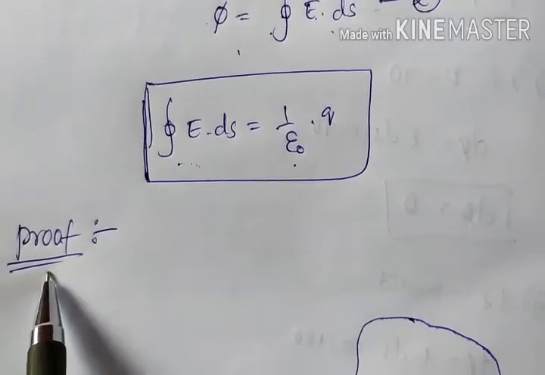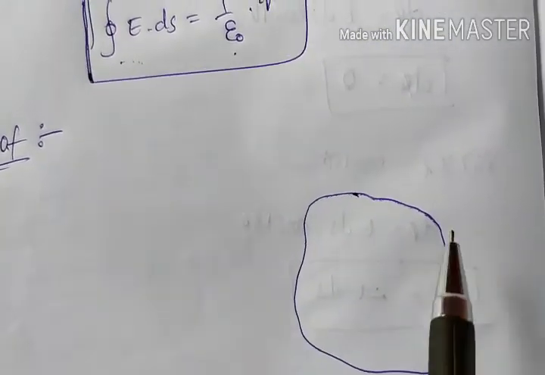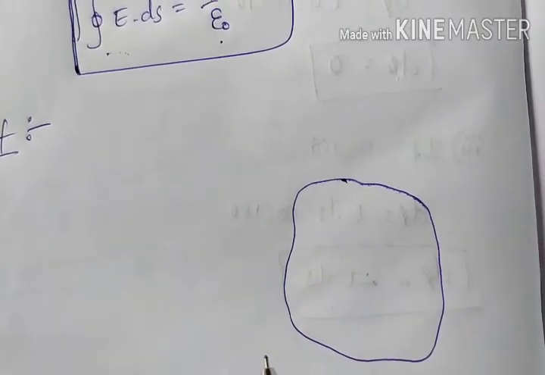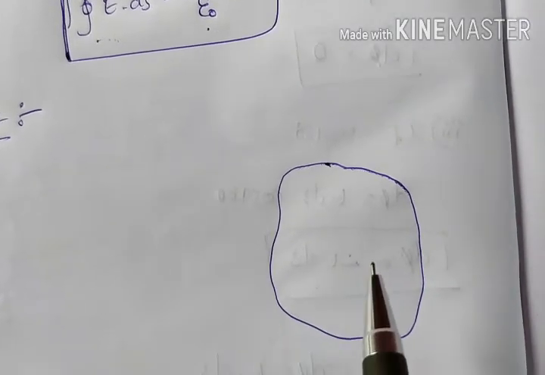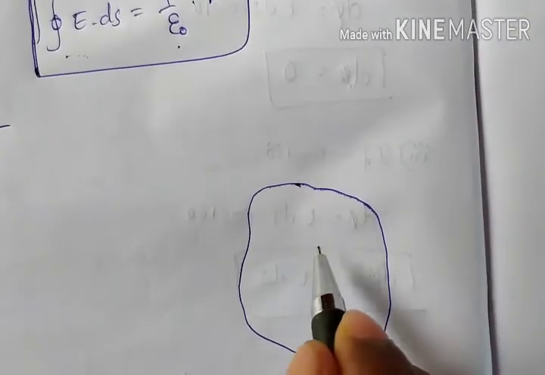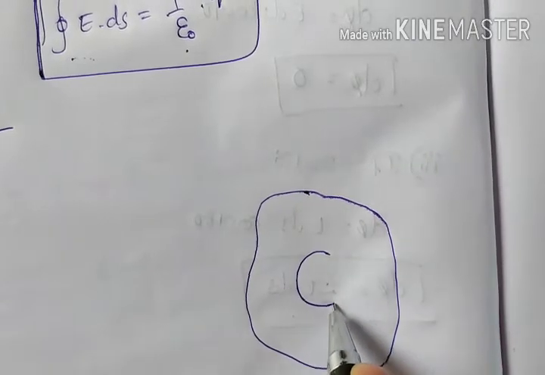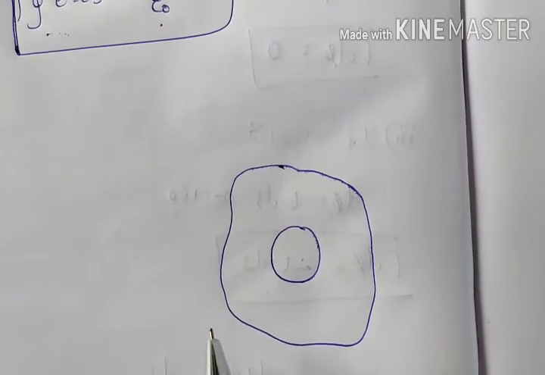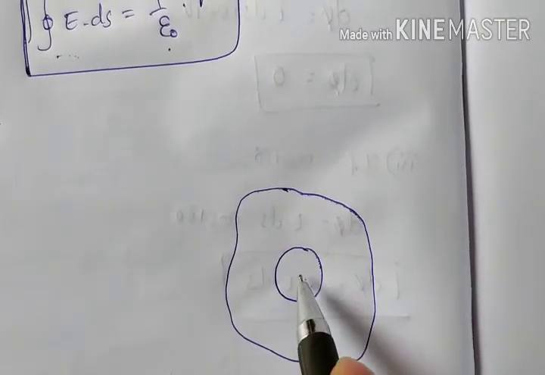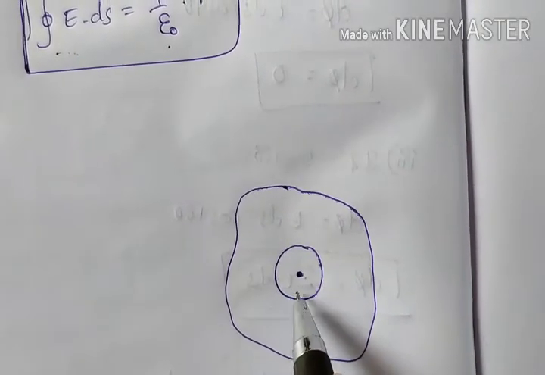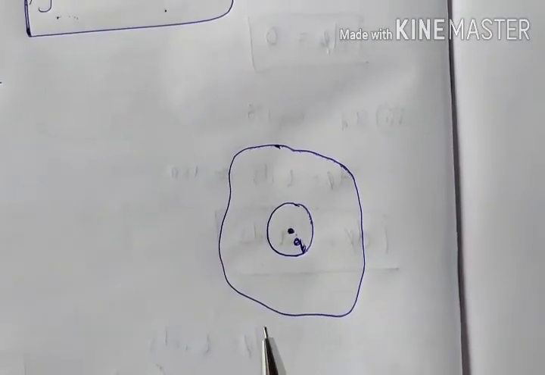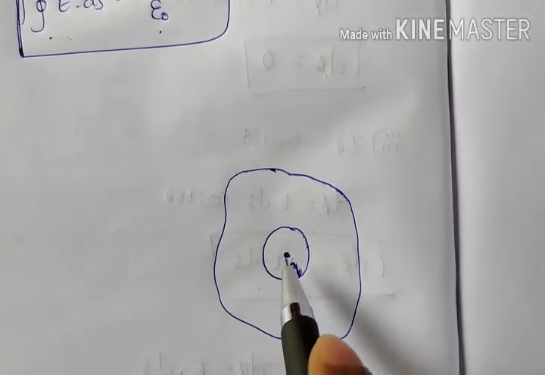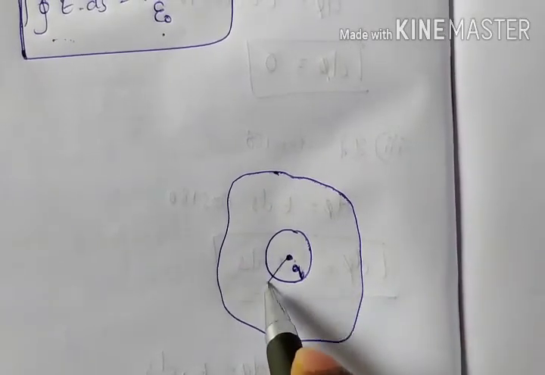So, the proof. I'm going to take any one enclosed surface. There is no proper direction and no proper shape. Now I'm considering a sphere, an unsymmetric body. Next, I place one charge q at the center of the material. Every charge develops electric field lines.